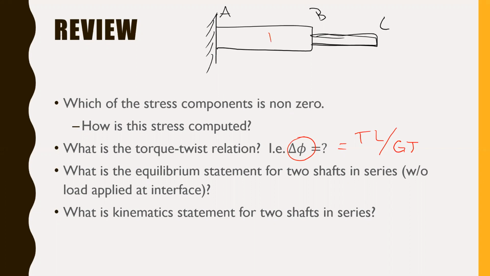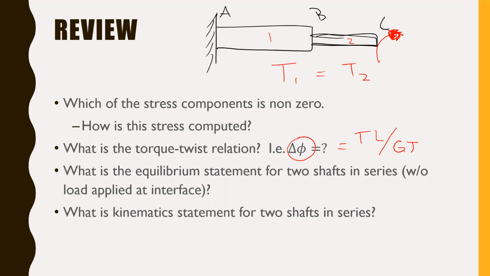Okay, let's put that in terms of torque. Right, torque 1 equals torque 2. Assuming I don't have a moment applied at this interface, in the absence of that, the two moments are going to be the same in both specimens. They won't necessarily have the same shear stress, but they'll have the same torque.